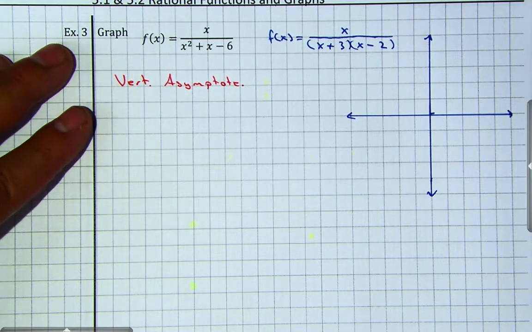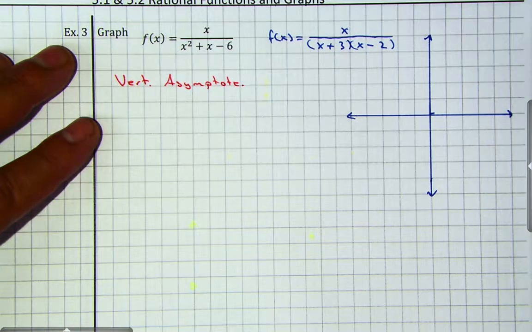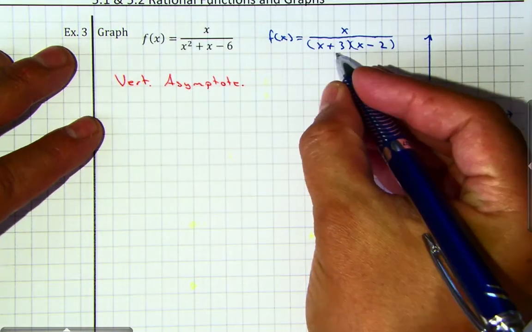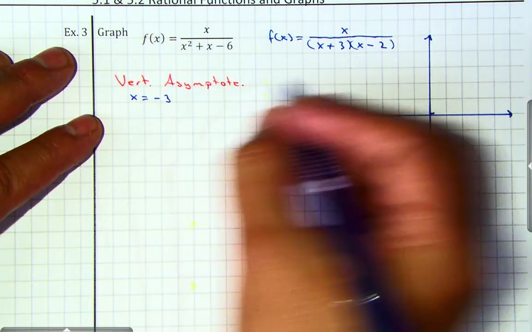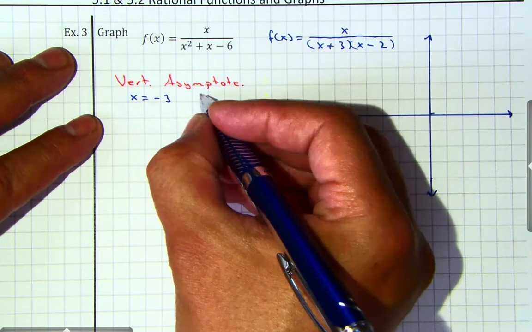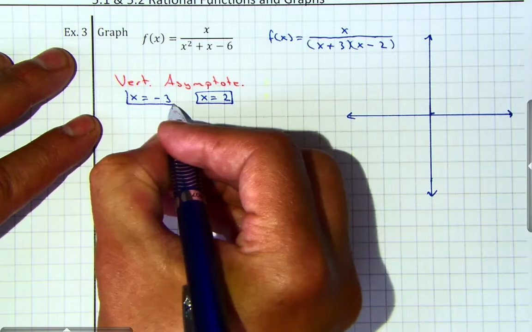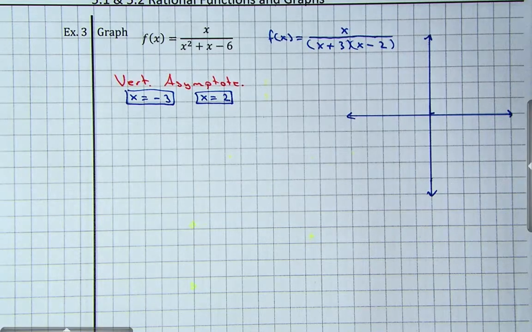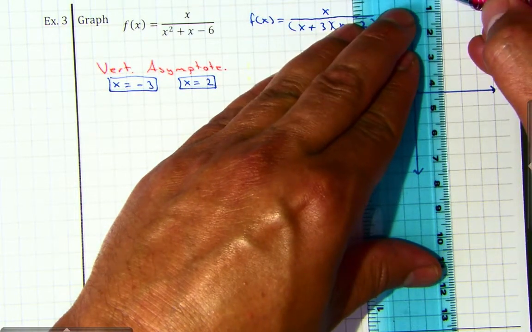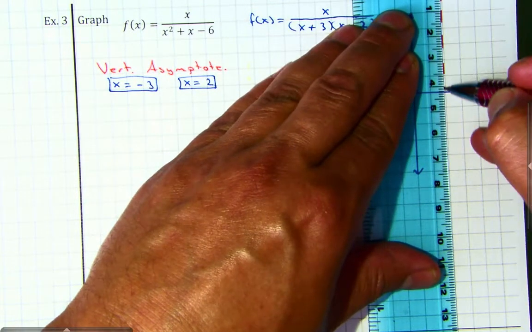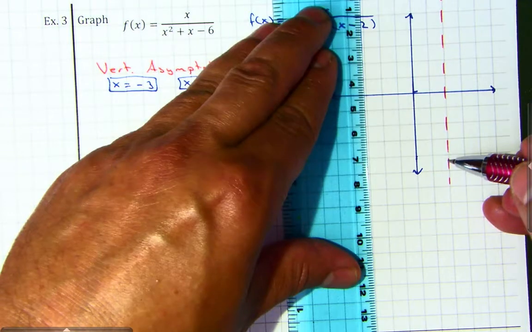Correct? So now we can actually find your vertical asymptotes. Your vertical asymptotes are x equals negative 3 and x equals positive 2. So in this case, we're going to have two vertical asymptotes, one at positive 2 and one at negative 3.